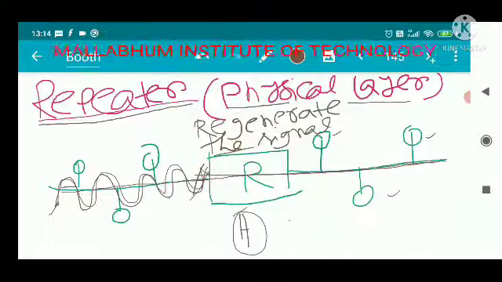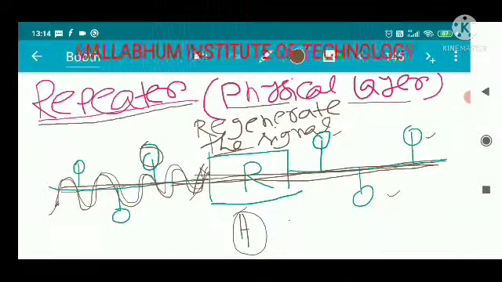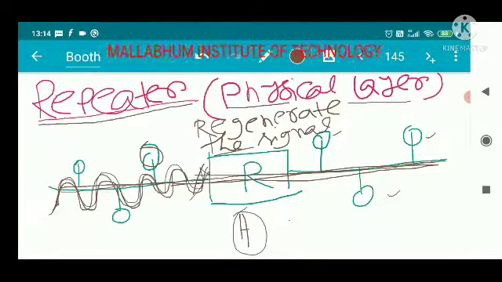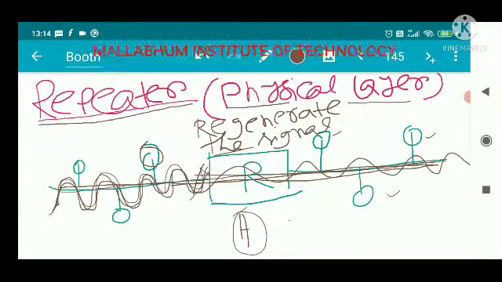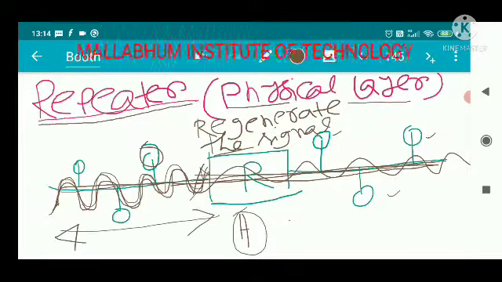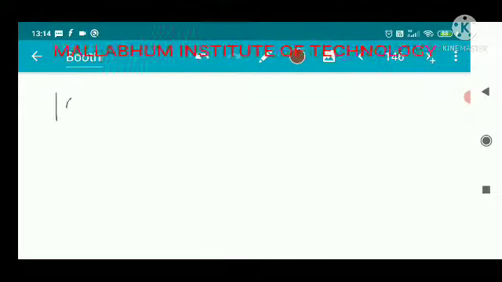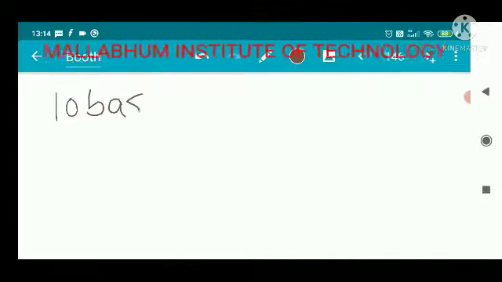Suppose there is a line like this, and all of the devices are connected and the signal is being transmitted. Now without the repeater, what happens? Suppose this is a cable, and the characteristic of this cable is written down as 10 base 2.